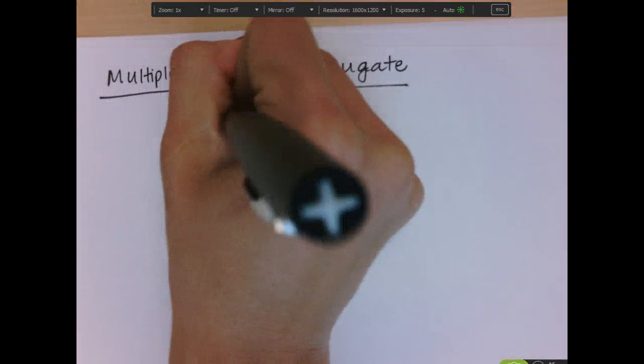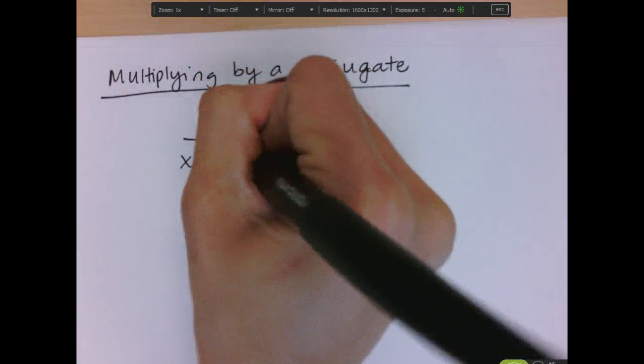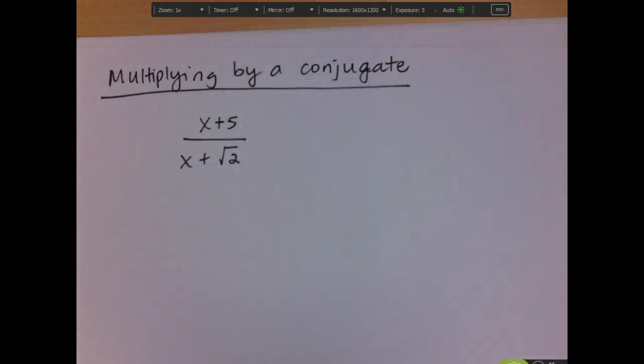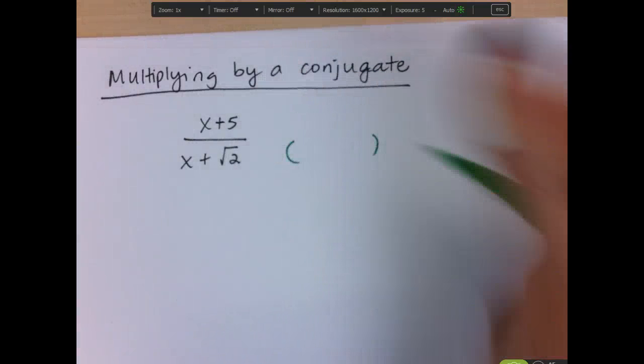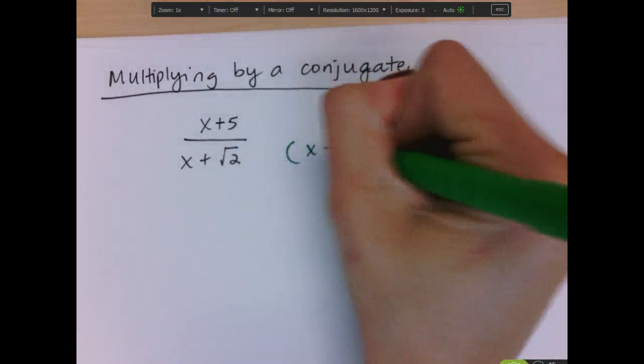And I think this may have come up in one of our most recent videos. But for example, if I have this fraction x plus 5 over x plus the square root of 2, one thing that I might do is multiply by the conjugate of this denominator, which would be x minus the square root of 2.